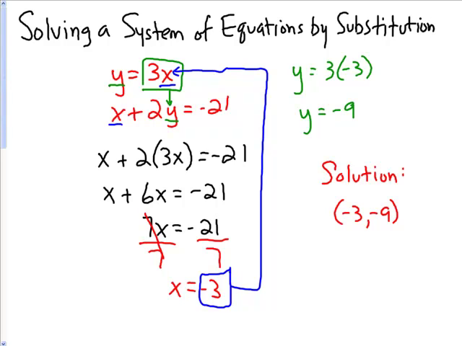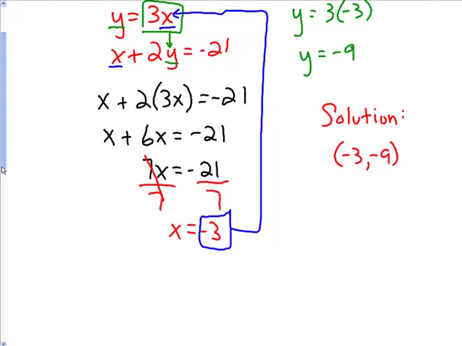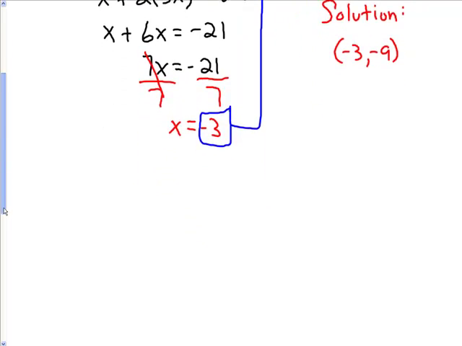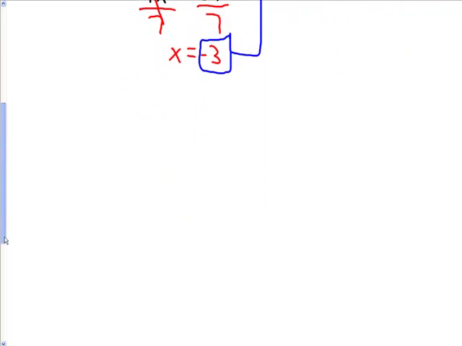Now that seems all relatively easy and painless. But what if your equations aren't written out so easily? In other words, what if they're not expressed in a way that makes it easy to substitute?